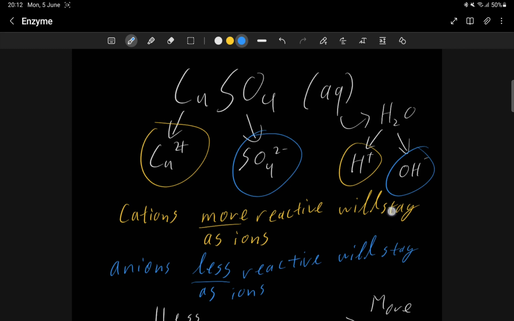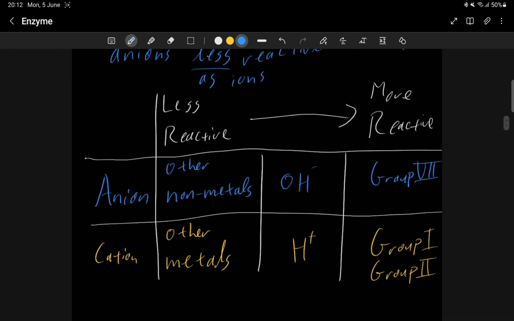The next thing you will have to remember is this chart. This chart I've already given you in your slides, which tells us roughly which one is less reactive and which one is more reactive. Now for your anions, your negative ions, the most reactive ones would be the most reactive nonmetals, those in your group 7.